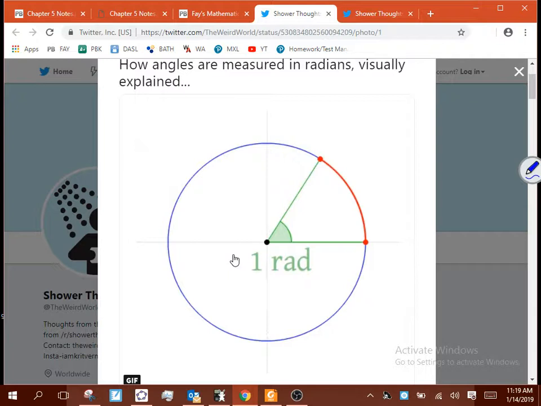When you take a radius and lay it along your circumference, it's tracing out the angle that we consider to be 1 radian. And it's going to be the same no matter how big your circle is. It's about 57 degrees. We'll talk about the actual decimal approximation for how many degrees 1 radian is later. But now let's look at that 1 radian.